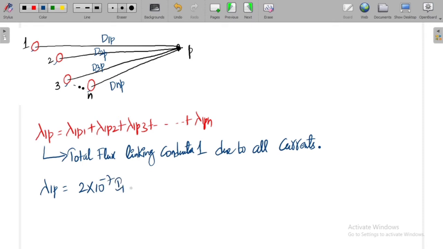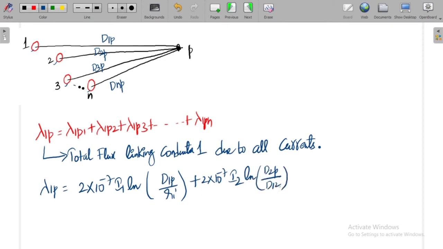Now how can I write this? It can be written as 2 times 10 power minus 7 into I1 into ln of d1p by r1 dash. Means I am adding the first, second and third equations in the previous page, which we have written, right? So plus I2 into ln of d2p by d12 plus and so on. For the nth current, it is 2 times 10 power minus 7 In into ln of, what is the distance from n to p? dnp.